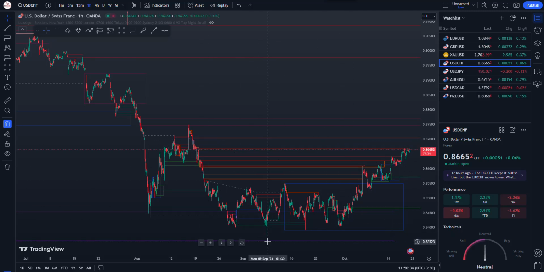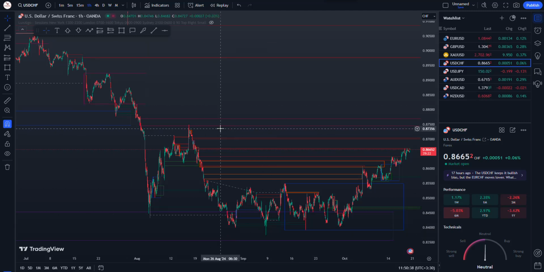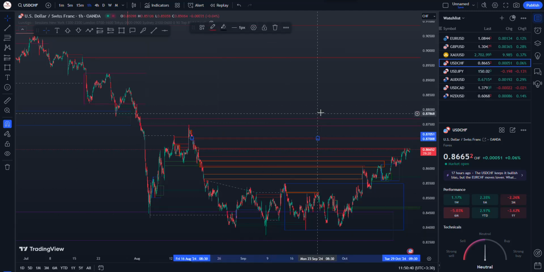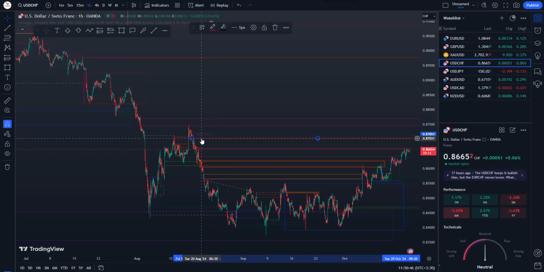Price is once going up from here, and it's going to work because we have this level here as an interested area.